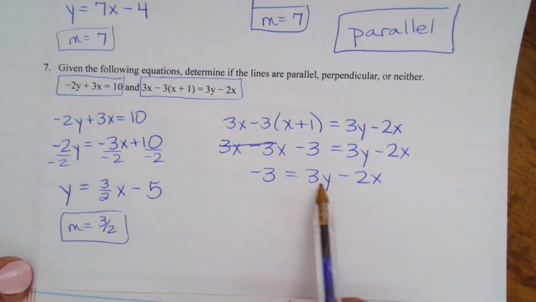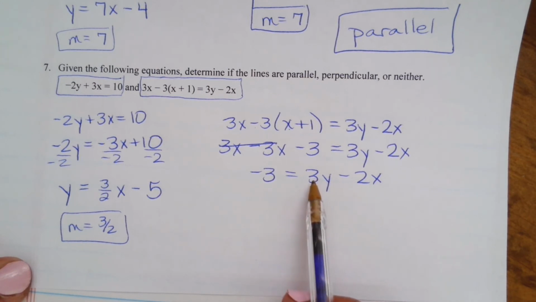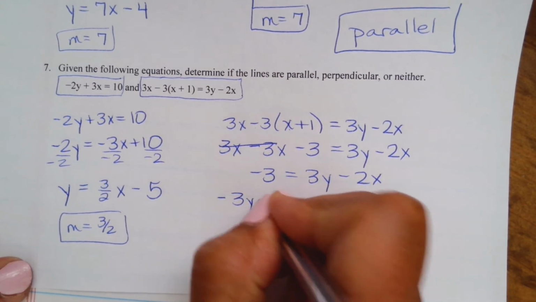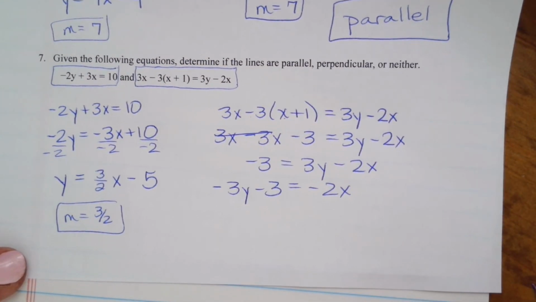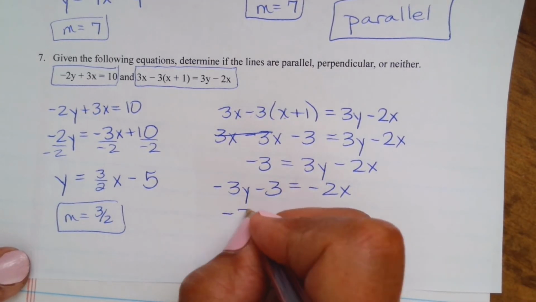Okay, I need the y on this side, and I need the number over here. So I'm going to start with moving this 3y over to the left, so that's -3y minus 3 equals -2x. Now I'm going to take the -3, move it to this side, it will become positive.